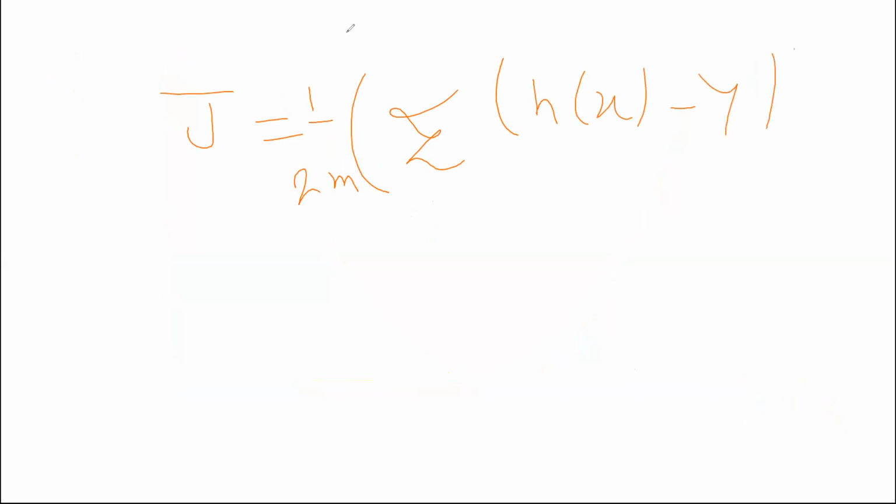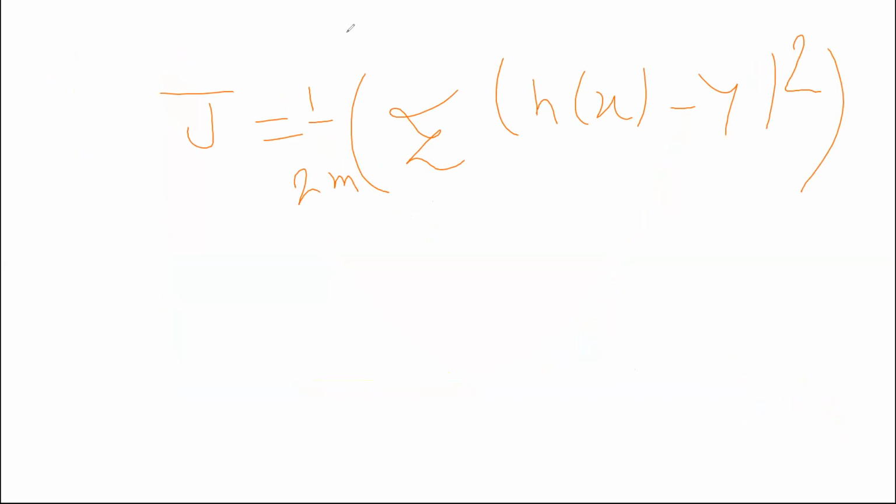Our equation is J equal to 1 upon 2m summation of h of x minus y, whole square. Right. Clear?